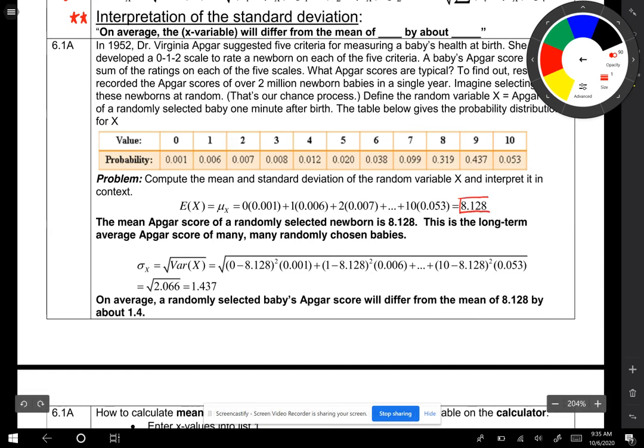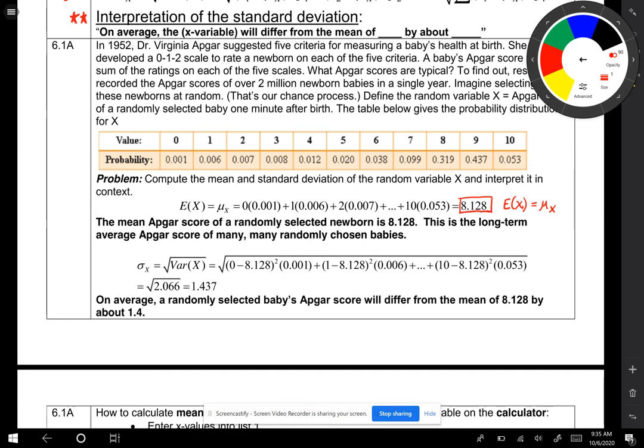So that is our expected value, or our mean of our discrete random variable. The mean Apgar score of a randomly selected newborn is 8.128. This is the long-term average Apgar score of many, many randomly chosen babies.